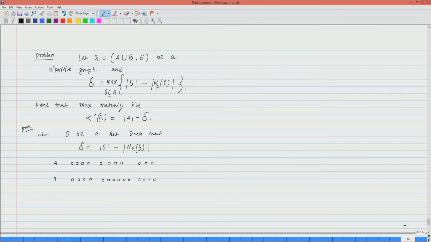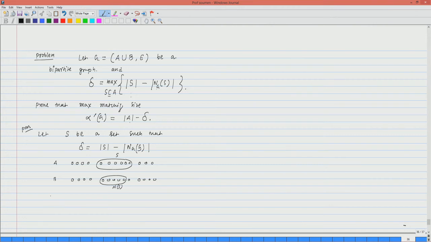And this is my set S, and this is my set N S. I want to mean that my S set is bigger. So, this is my set S and this is my set N S.